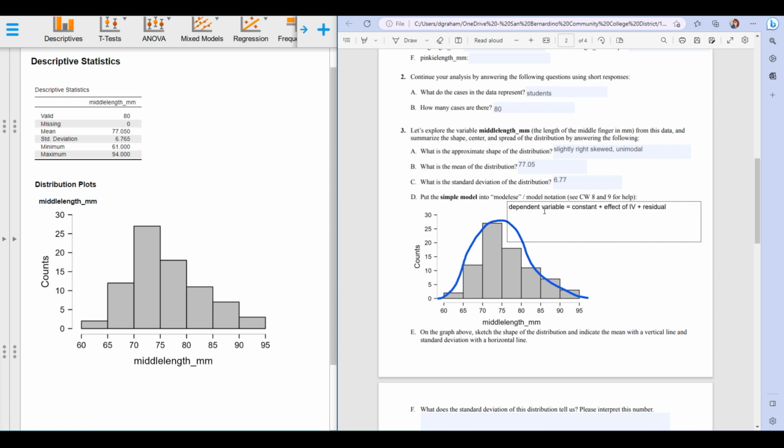And so we're using this general linear model, this model notation, to help us to write out our model that we're working on. So in this case, we're doing the simple model, which means that right now we're only working with one variable. We don't have two variables represented. And let me make this more clear.